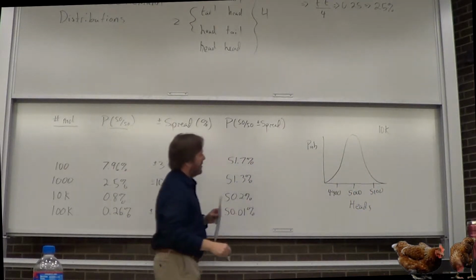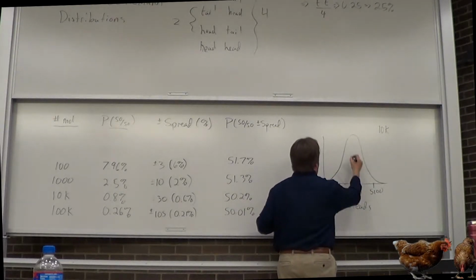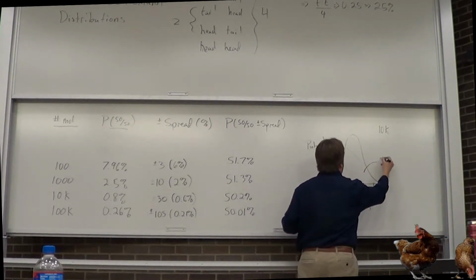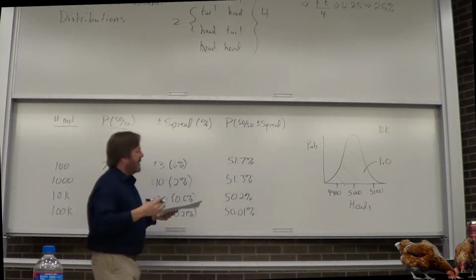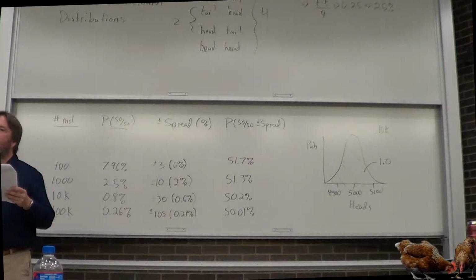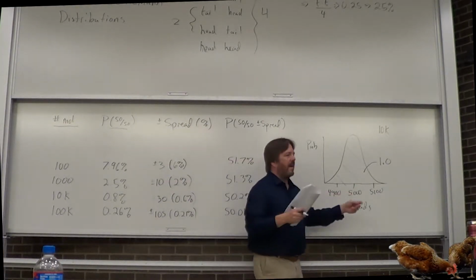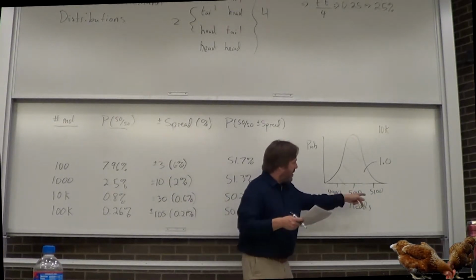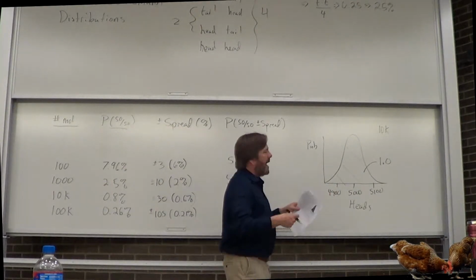You're going to see a certain spread. Now the area under this curve is exactly 1.0. I'm just trying to remind you how statistics works, by the way. Again, this is the probability of having a certain number of heads tossed out of 10K. So obviously on average you get 5,000. But you see that there's a reasonable spread of about 100. If you look at the area under that, it's 1.0.